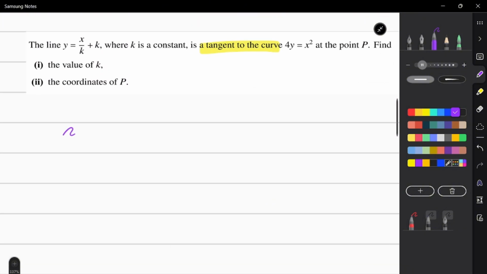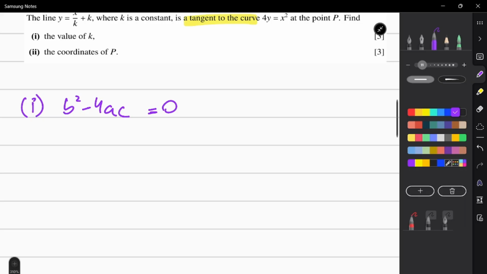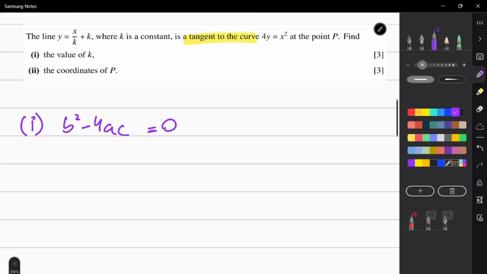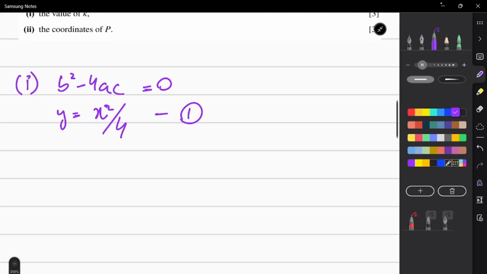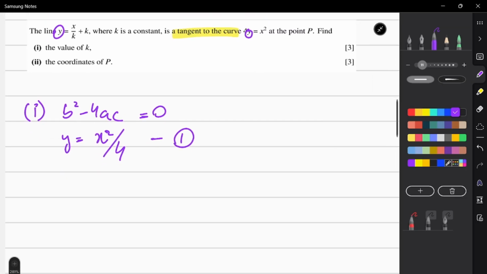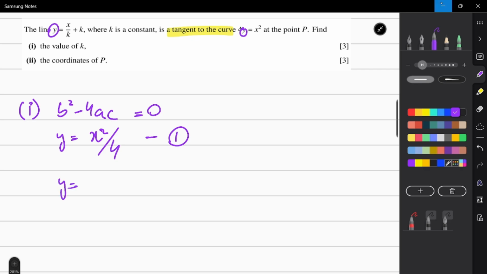Alright, now so we know that the discriminant is equal to 0, and we're going to be calculating it by equating the two y's to each other. So the first y is going to be like this, and this is going to be this.